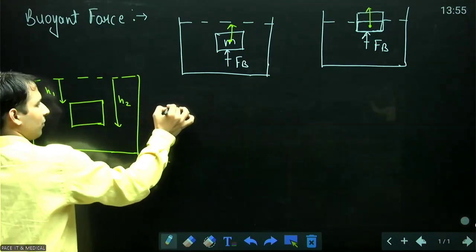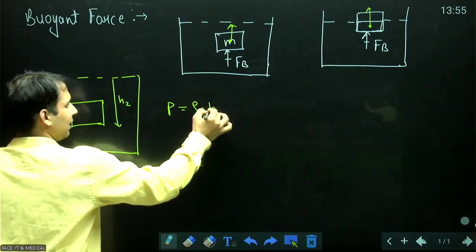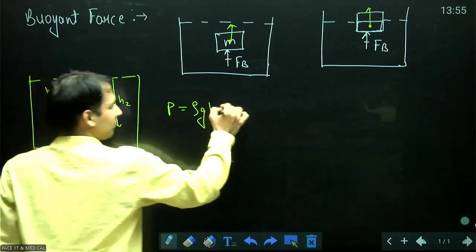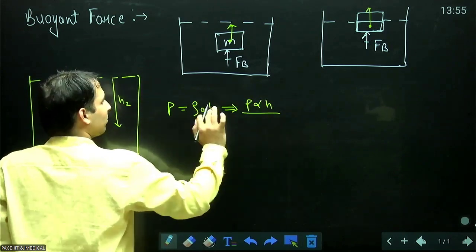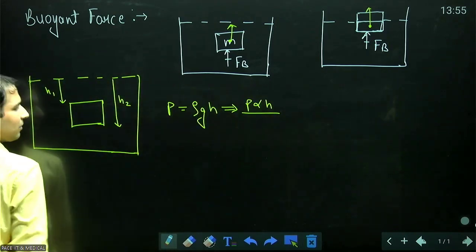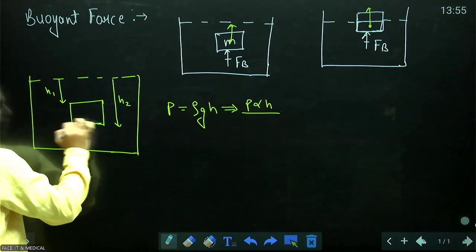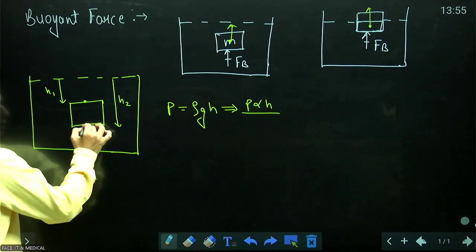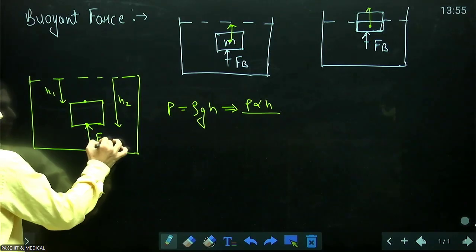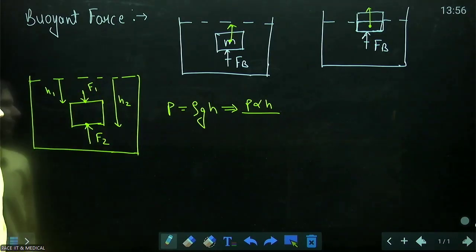As we know, pressure of liquid is rho g h. It increases with depth basically. Pressure is proportional to the depth. More the depth, more will be the pressure. So clearly the pressure at this point, we will call it P2, will be more than the pressure at this point, P1. So the force applied by pressure at this point will be F2 and the force applied by pressure at this point will be F1, right?